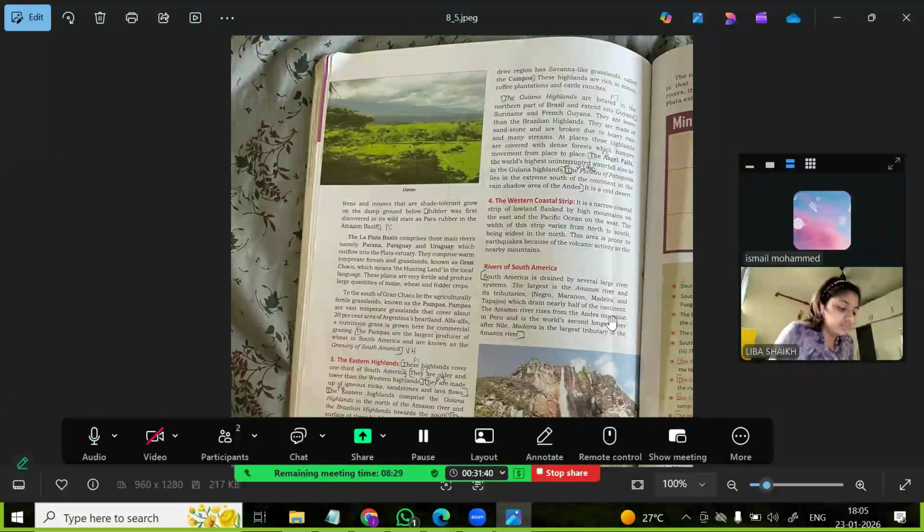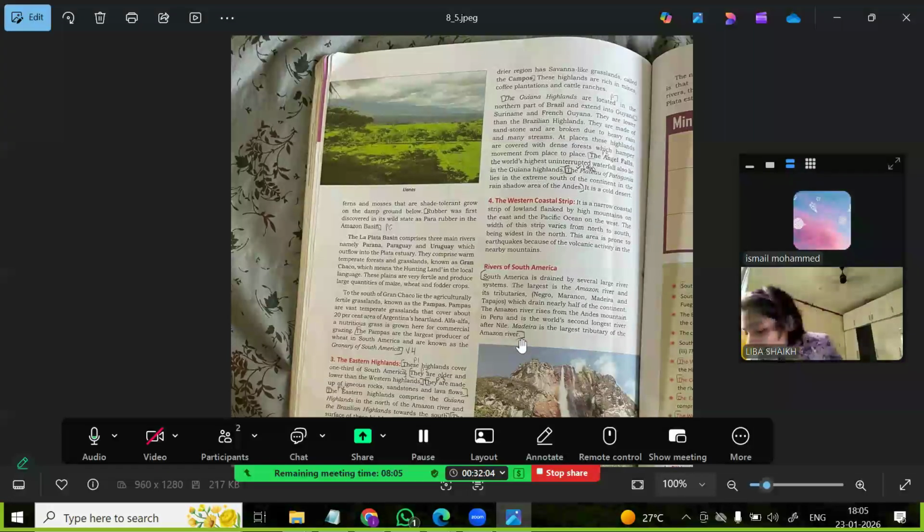It rises from the Andes Mountains in Peru and is the world's second longest river after the Nile. The Nile is the longest river, which lies in Egypt, as we saw in earlier chapters. And Madeira is the largest tributary of the Amazon River.